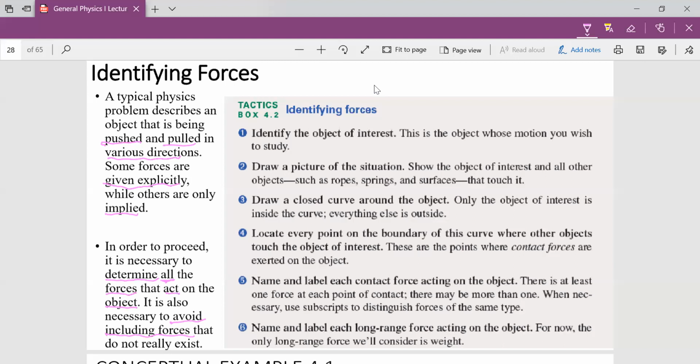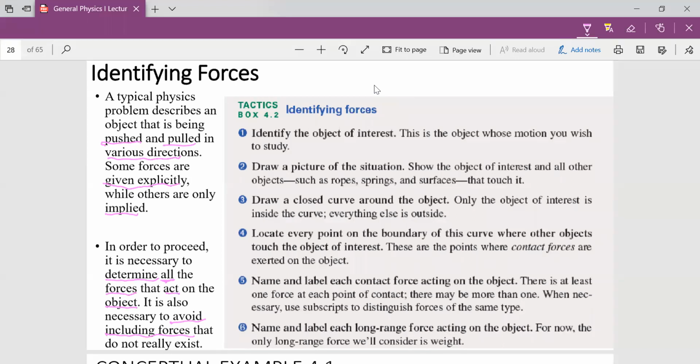So it is necessary to determine all forces acting on an object to process correctly or accurately the net force. And also, it is important as well not to add the force that we think is existing, that is adding forces from our imagination.